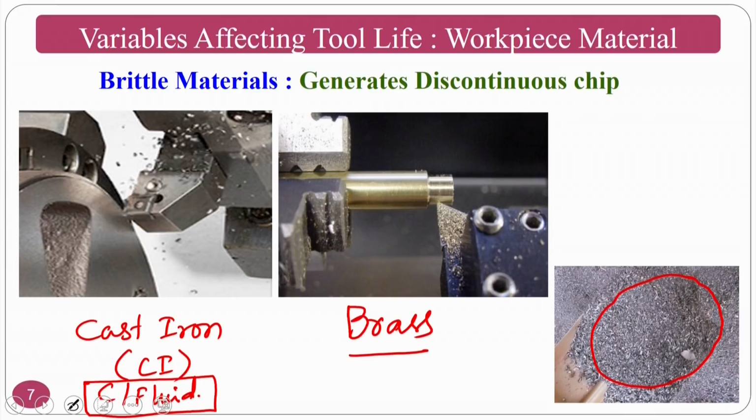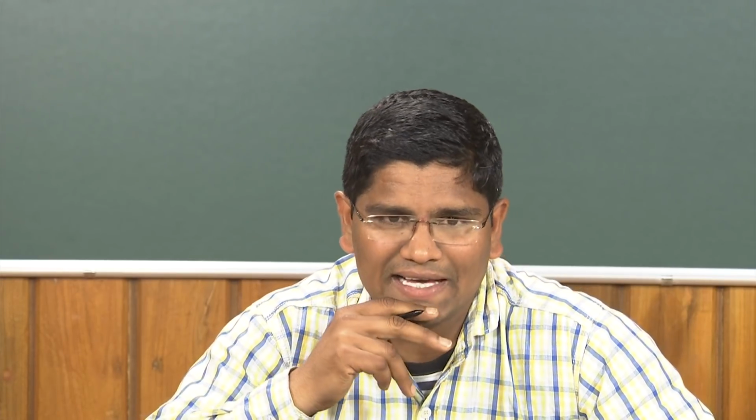Now my question to you is regarding the machining of cast iron. This is a question asked in interviews, because I faced this question when I was in my masters. The question is, which type of cutting fluid will you use when machining cast iron?